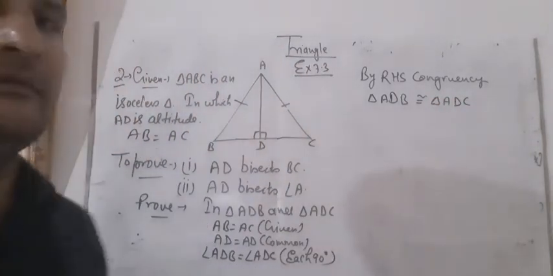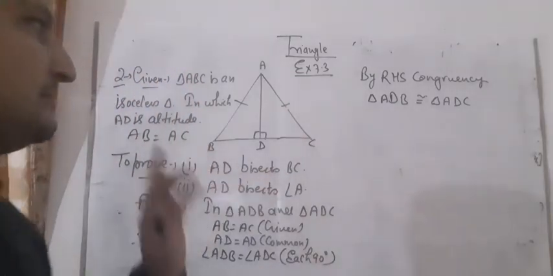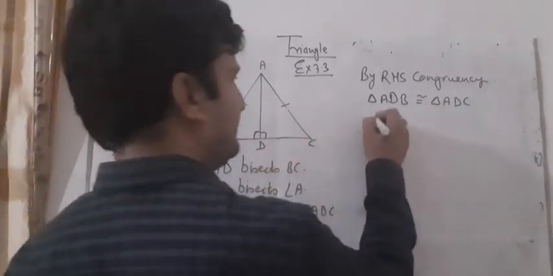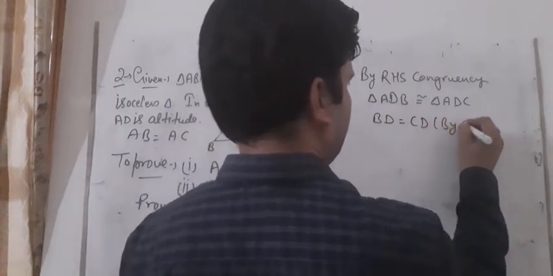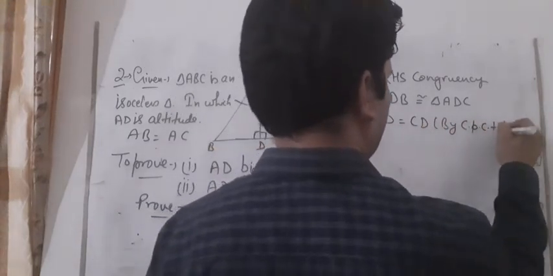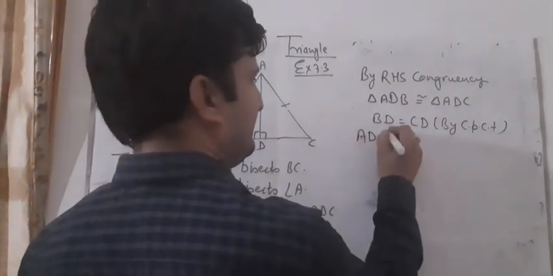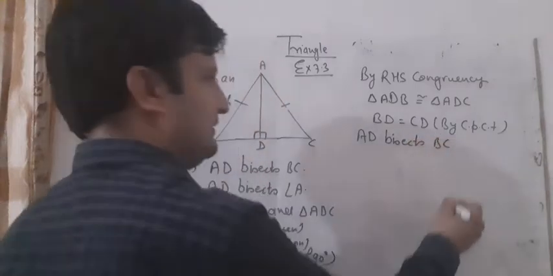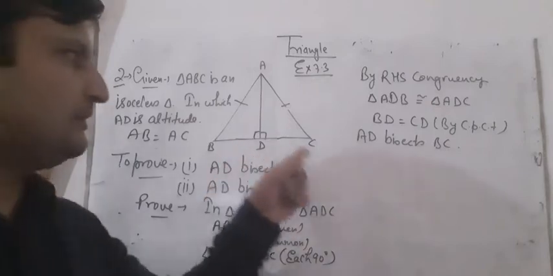So this we have done, students. So AD bisects BC, we have to prove it. So BD is equal to CD by CPCT. So we can say that AD bisects BC. Bisects BC means it will divide it into two equal parts.